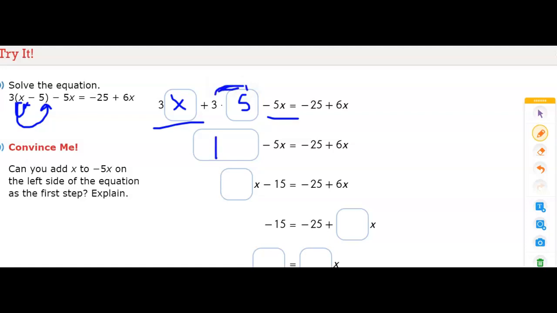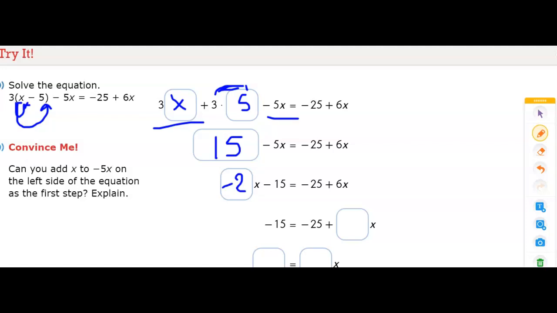So that's going to be 15 minus the 5x, and then we have 3 times x minus 5x. That's going to equal negative 2x minus 15 is equal to negative 25 plus 6 times x.